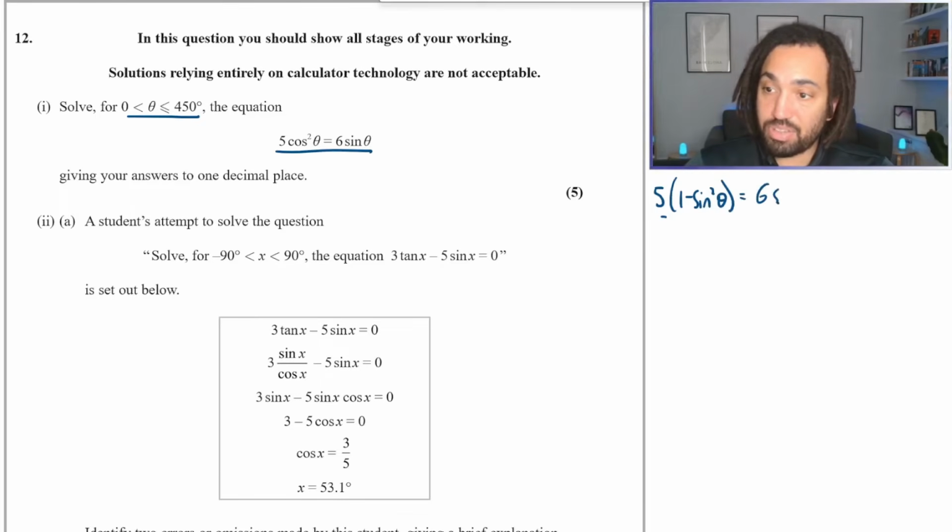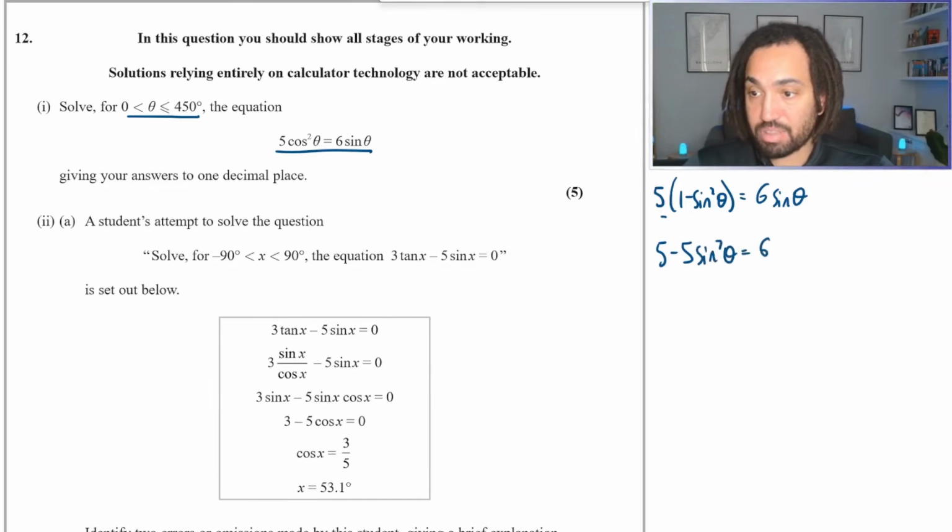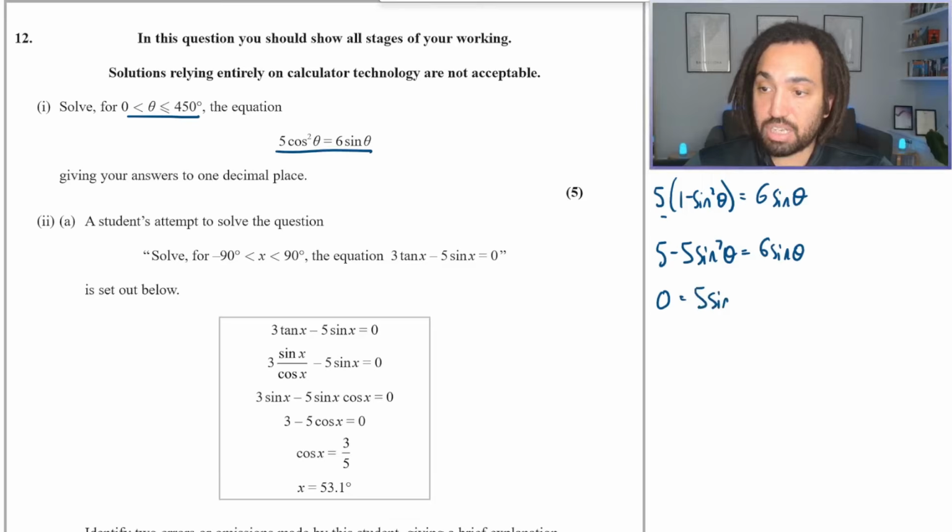And that's going to give your equation all in terms of one trig function, which is going to make it much easier to solve. So expand out the bracket over there, and then move all of my terms to the right hand side, and that's going to give me a positive sine squared, which is lovely.